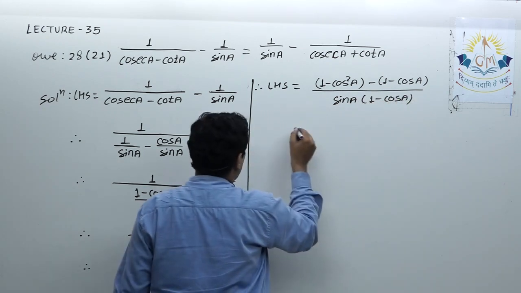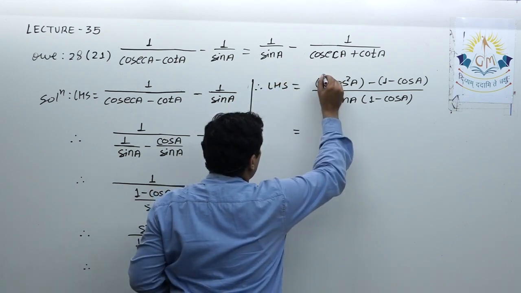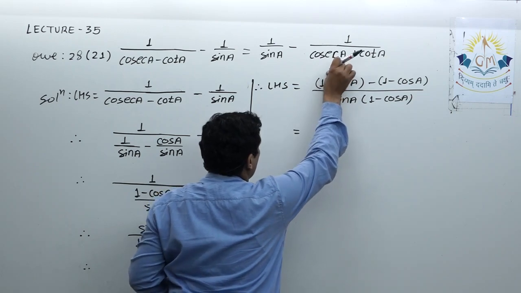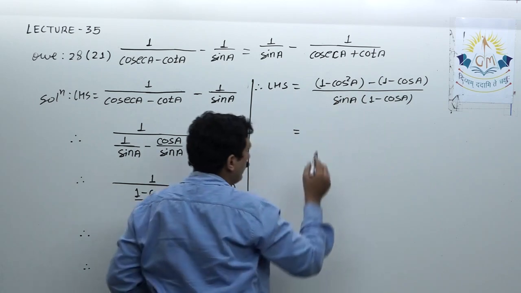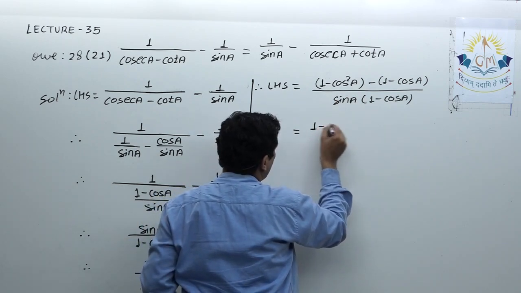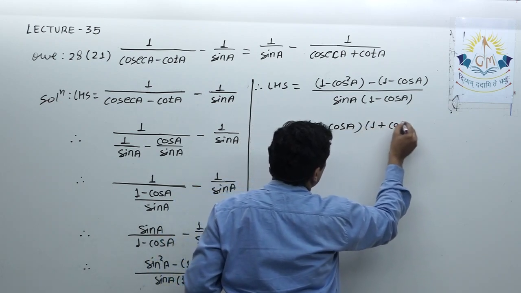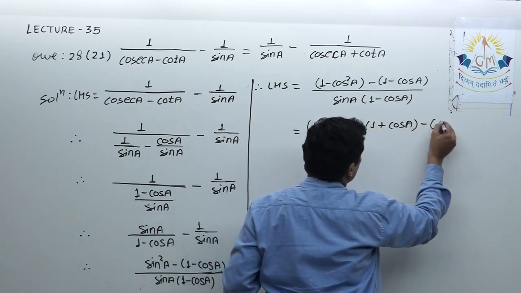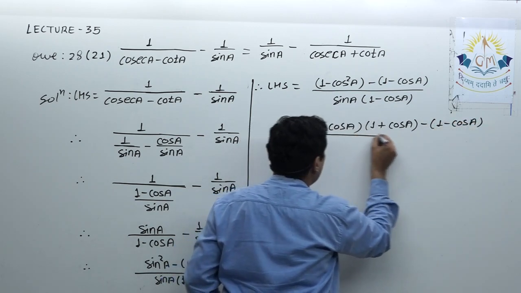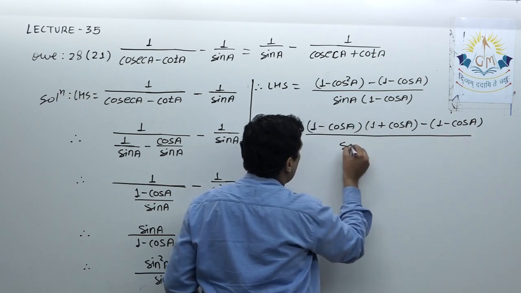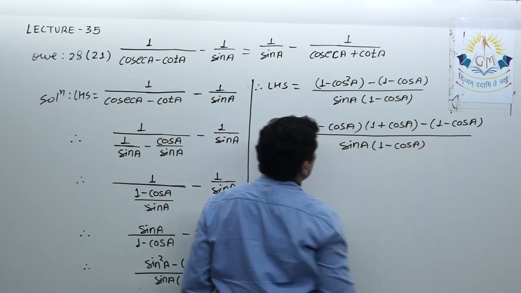Okay, now here this is an identity of a square minus b square, isn't it? 1 can be written as 1 square. So I have the identity of 1 square minus cos square A, a square minus b square. So I can write it (a minus b) into (a plus b), minus (1 minus cos A), and in the denominator I have sin A into (1 minus cos A).